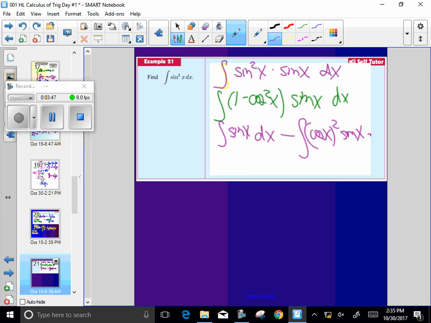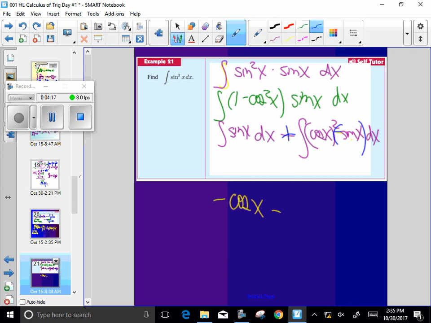sine x dx. And what's the antiderivative of sine of x? Negative cosine of x. And if u is cosine, the derivative of cosine is negative sine. I can change this, this is still the same. I've got this to drop out, du.